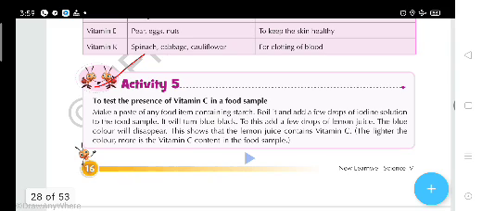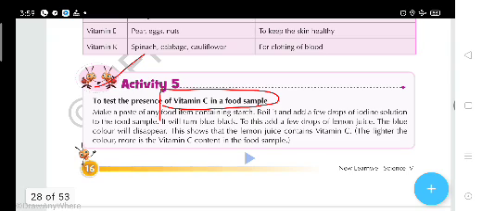If you are eating lemon or orange, it means you are taking vitamin C. But how can we prove this? To test the presence of vitamin C in food samples, make a paste of any food item containing starch. Paste means you have to simplify that food.